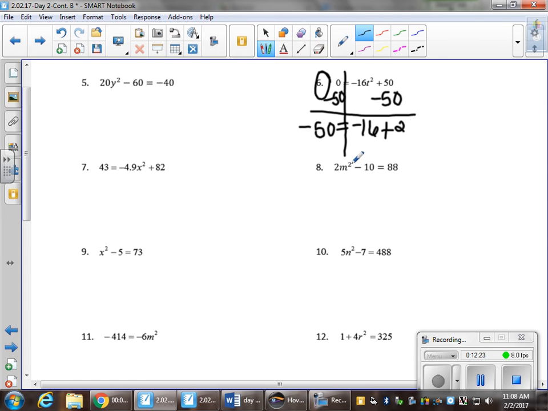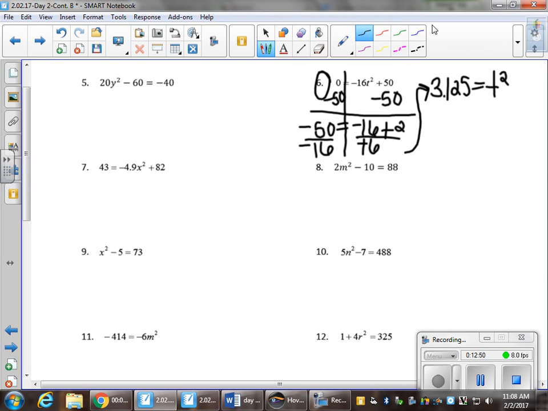Now what are we going to do? Divide by negative 16. And what does that come out to? What is it? 3.125 equals t squared.